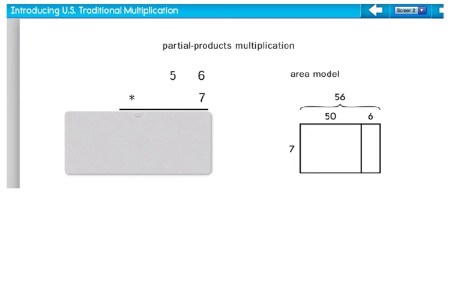One of them is called partial products, and that is where you take the value of the 7 times the value of the 50. So 7 times 50 is 350. And then the value of the 7 times the 6, which is 42. Add those together, you get 392.